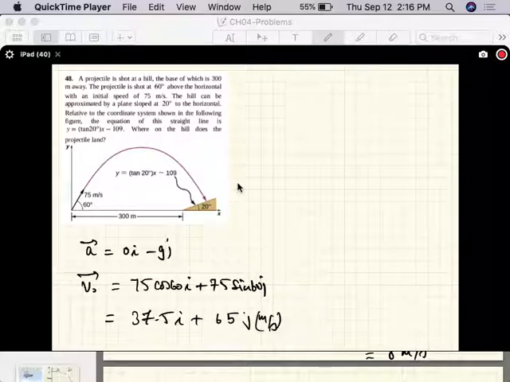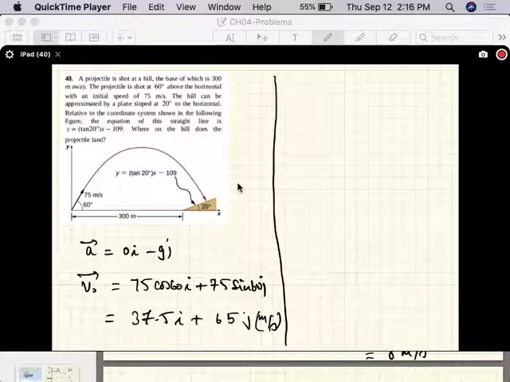Okay, so we have written our a and g. So let's say where on the hill does the projectile land.